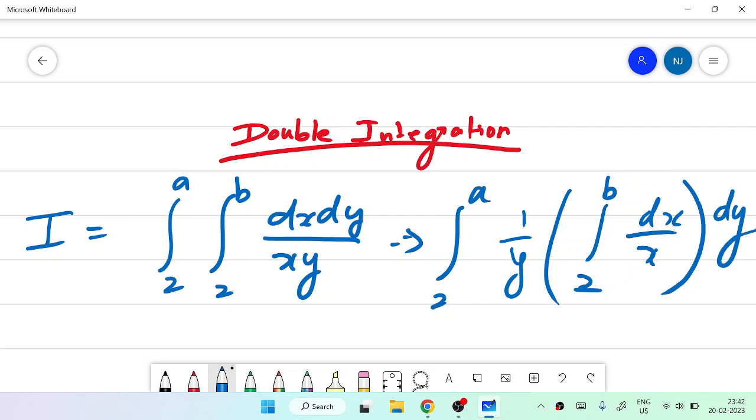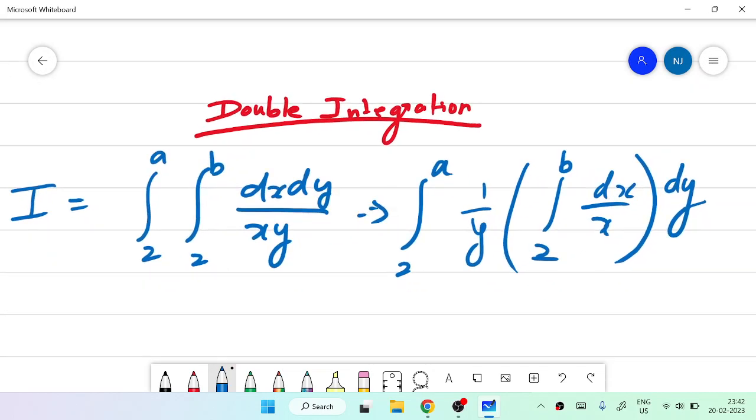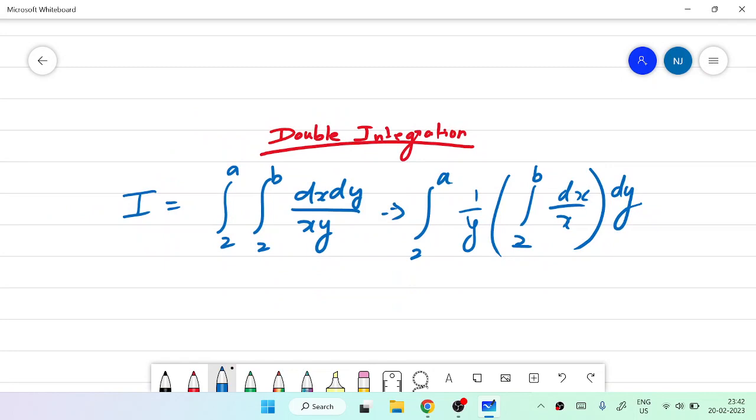So what I have done is I'm just considering everything in x, and keeping every y value apart. Understood?